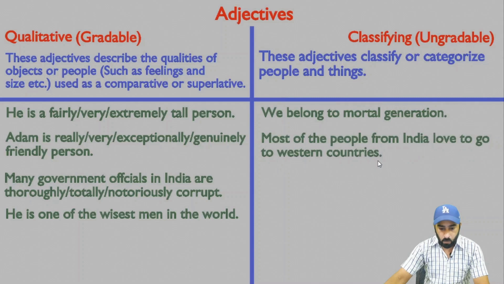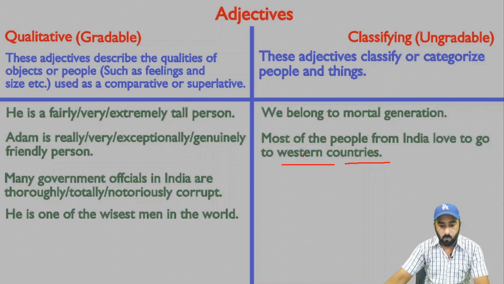Okay, so now we have one example. Most of the people from India love to go to Western countries, okay? And we are talking about most of the people from India, they love to immigrate to foreign countries, particularly Western countries. And here we have Western as an adjective and countries as a noun. And Western is putting the countries in a particular group. These countries lie in the West.